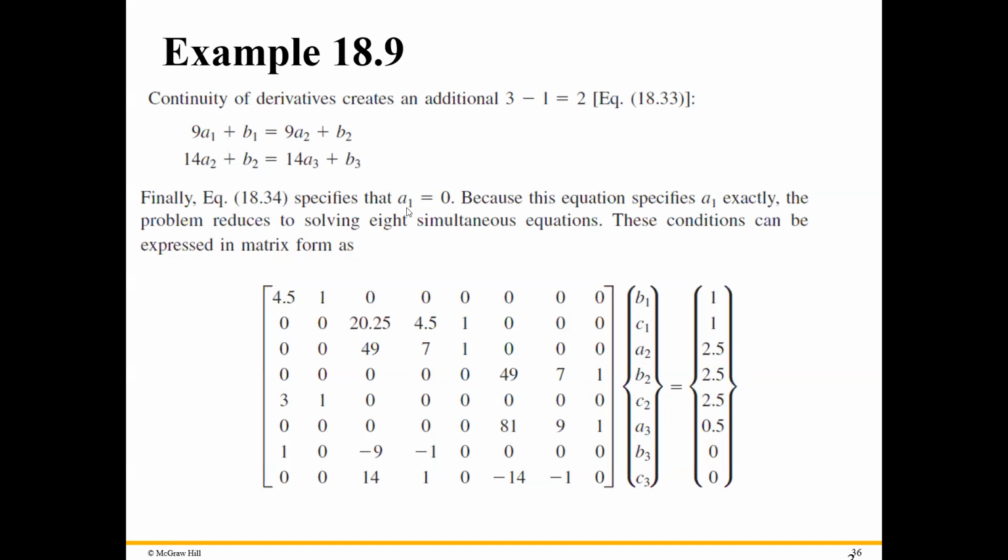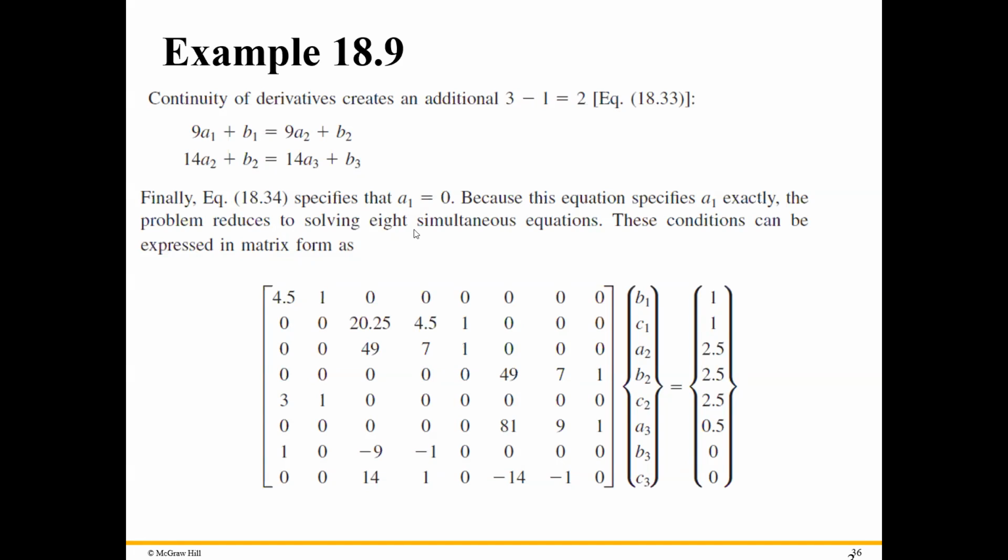And then we will have the last condition. We will take the value of A1 equal to 0, because we will assume that we join the first point with the second point with a straight line. When we join them with a straight line, that means the curvature of that part of the curve will be 0, so its second derivative will be 0.